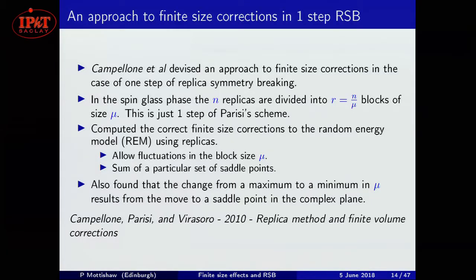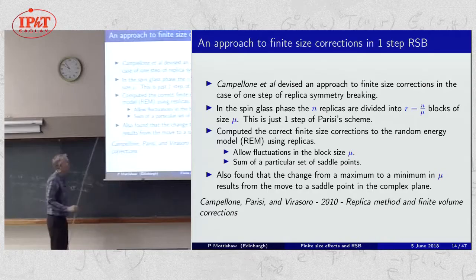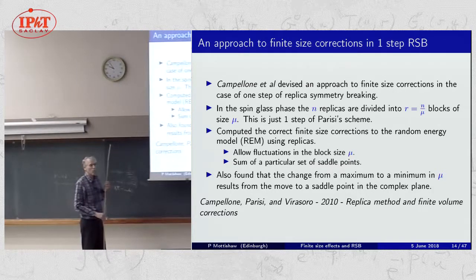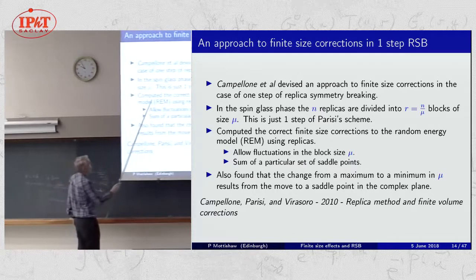One example, from Campellone, Parisi and Virasoro in 2010, was to look at the p-spin model, the p-spin generalization of the SK model, in the large p limit, where all you have to do is one-step replica symmetry breaking.